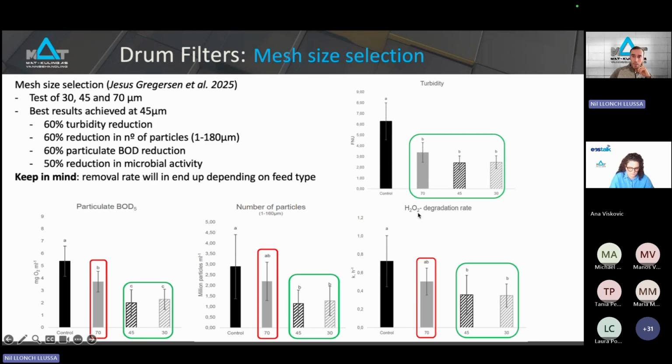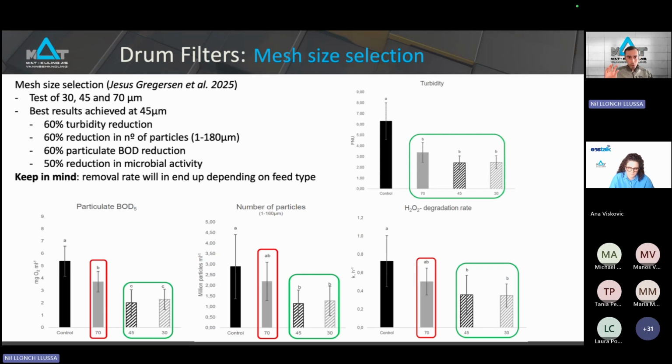It's an indirect measure of bacterial activity. This bacterial activity reduction may not be directly related to the filtration, but since you reduce the particle count, the suspended solids in the water, it was an indirect effect: less substrate for bacteria to grow.